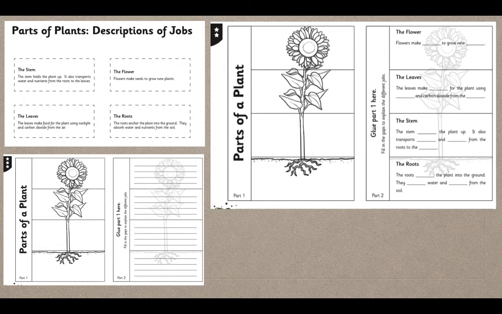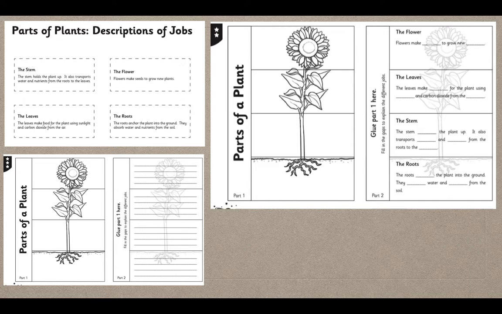Last week, you went over parts of plants, stems, and the roots. So this is a revision task that you can do with task 1. All of this information, you can either see it on the screen, you can go to the Grange Year 3 folder on our website, and we'll also email these worksheets to your parents.